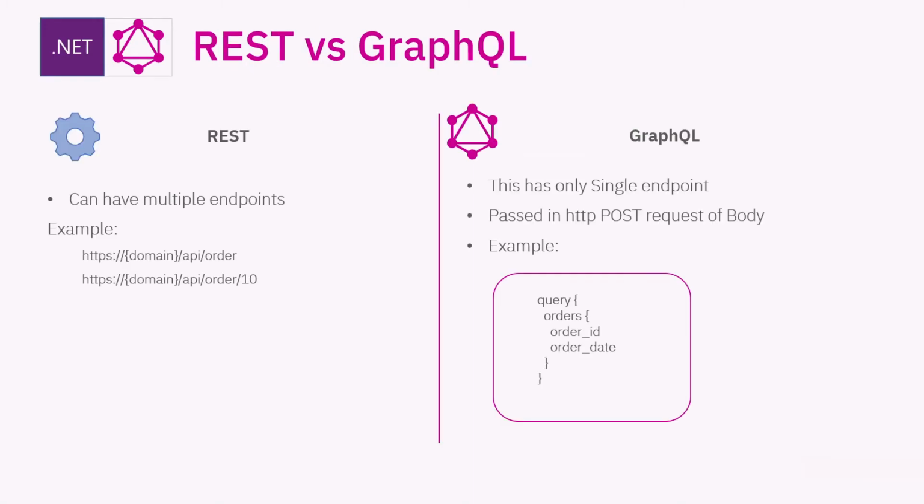Now let's understand the difference between REST and GraphQL. REST is an API which has multiple endpoints. In the example you can see I have two endpoints. One is getting all the order information. The second link is getting order information whose order ID is 10.